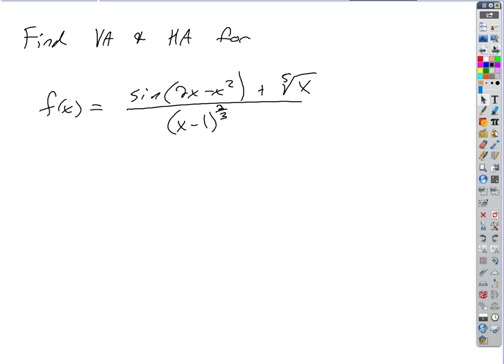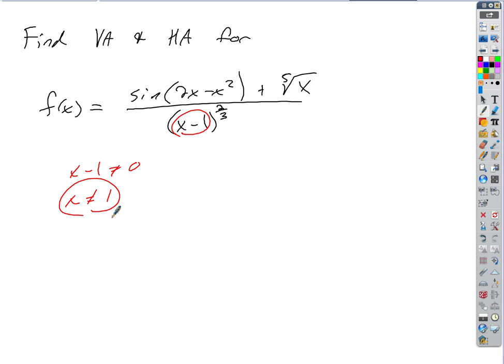Vertical asymptotes would occur where? Easy, what do you think? In the bottom. What's that going to be? When x is 1. Exactly, right? The only value that's going to make the bottom 0 is x minus 1 to the 2/3 being 0. So when is x minus 1 equal to 0?